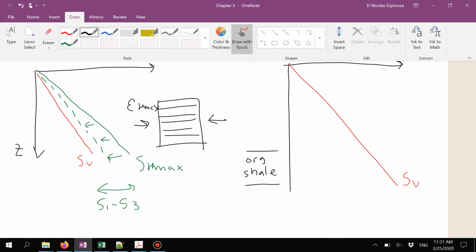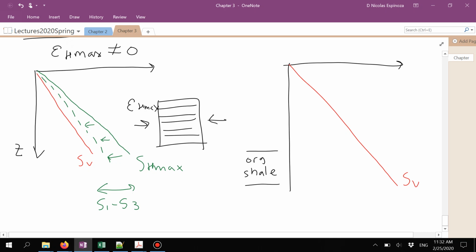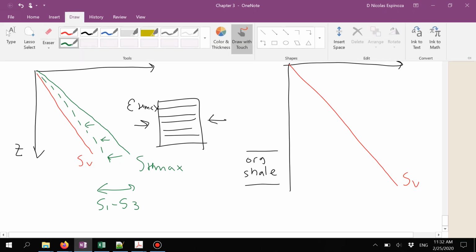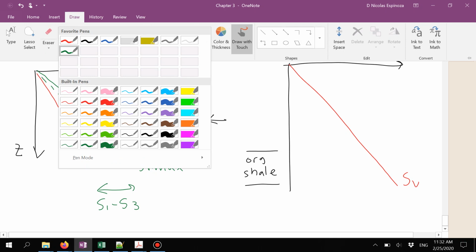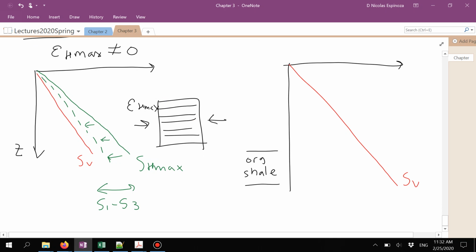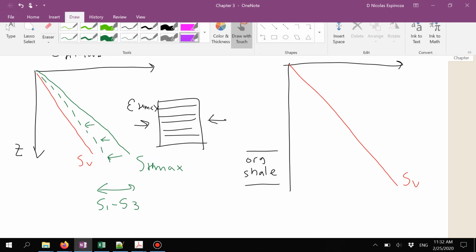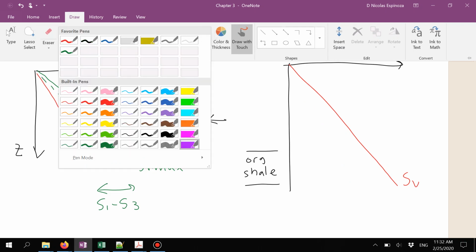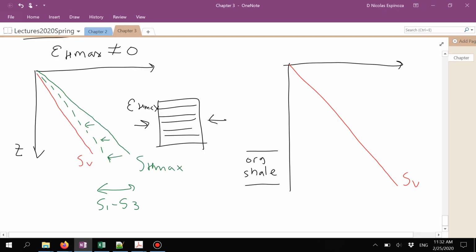For some time, let's say, using another color, the violet, the minimum principal stress was this one.